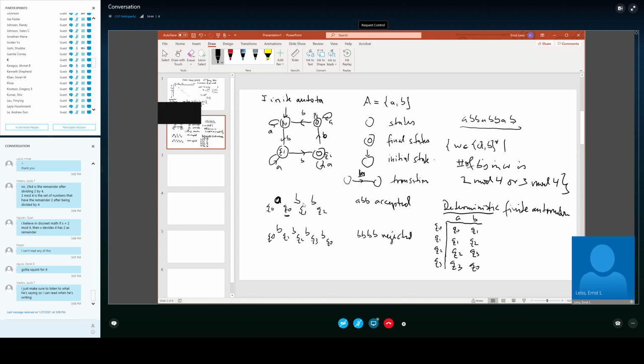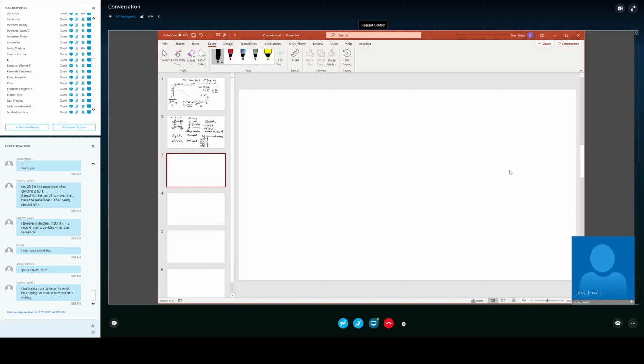All right, so now we have to define slightly more formally what we mean. We have D with a wiggle underneath. This is an alphabet, a set of states, a transition function, an initial state, and a set of final states.